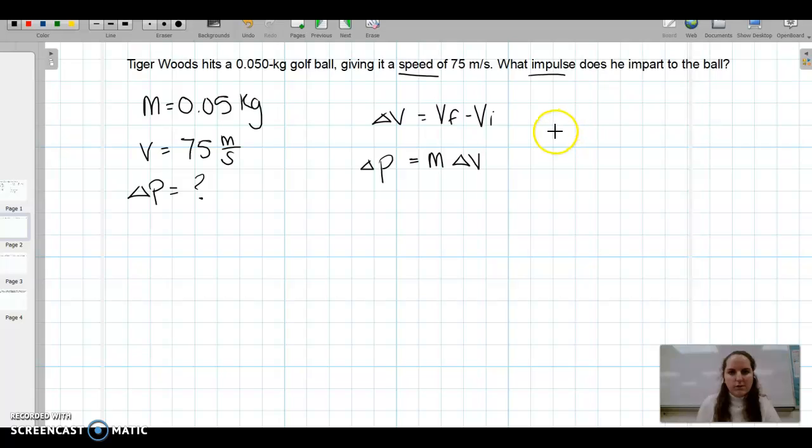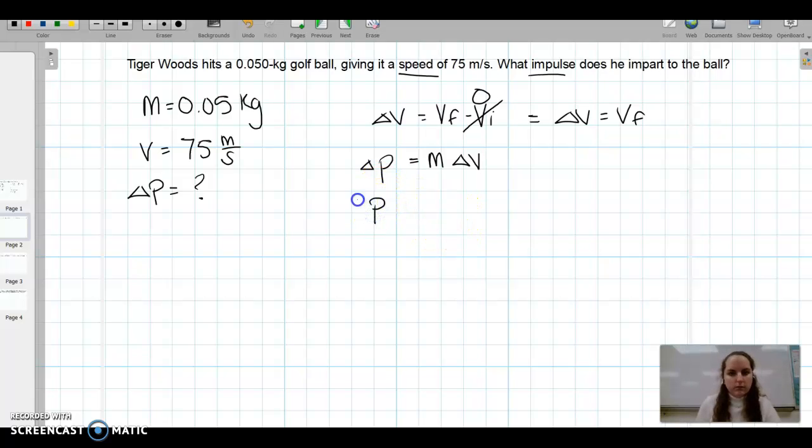Well, what was our original velocity? It started from rest, so this initial velocity is going to be 0. So the change in velocity is equal to our final velocity. It saved us from a whole lot of work.